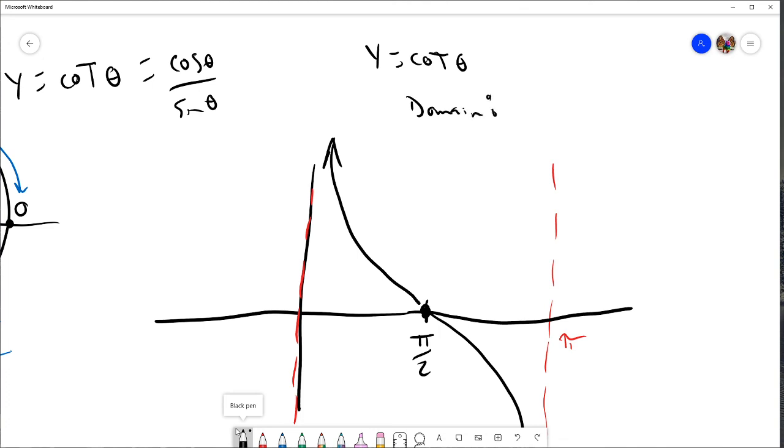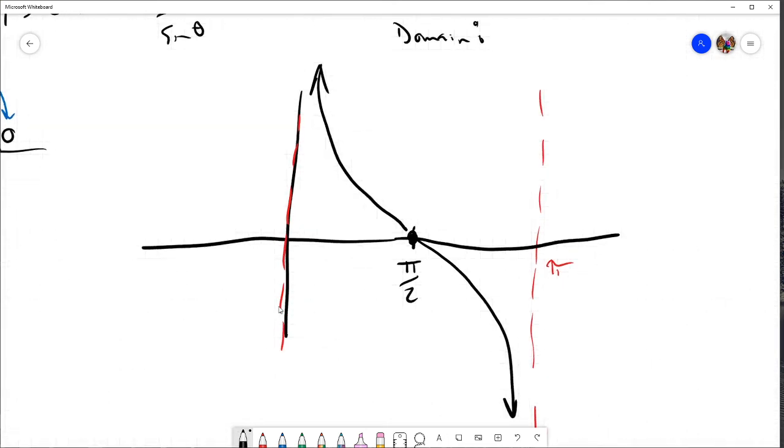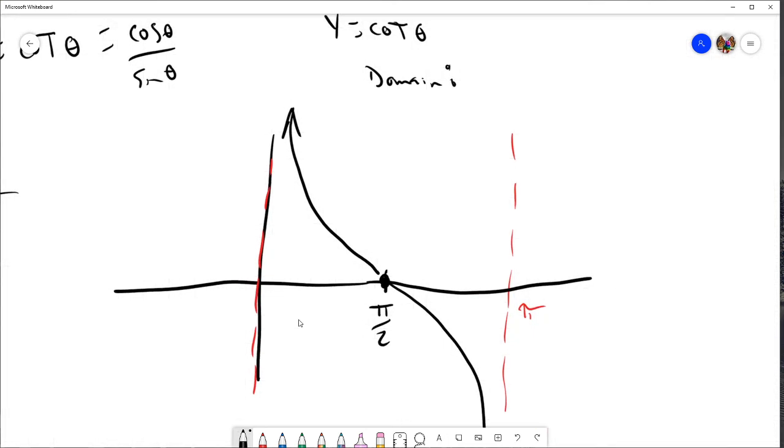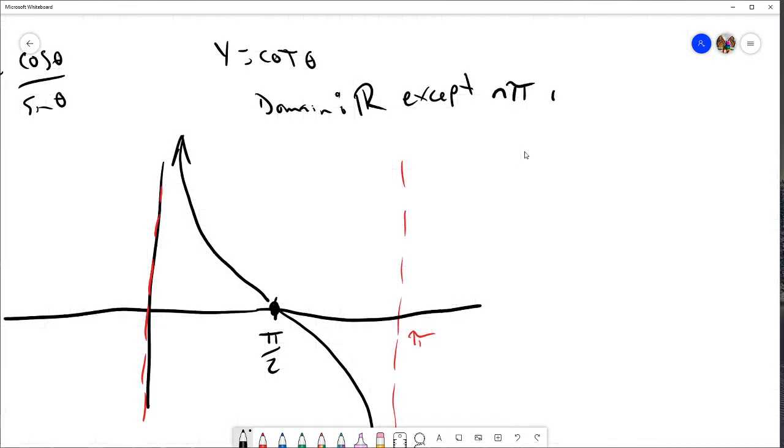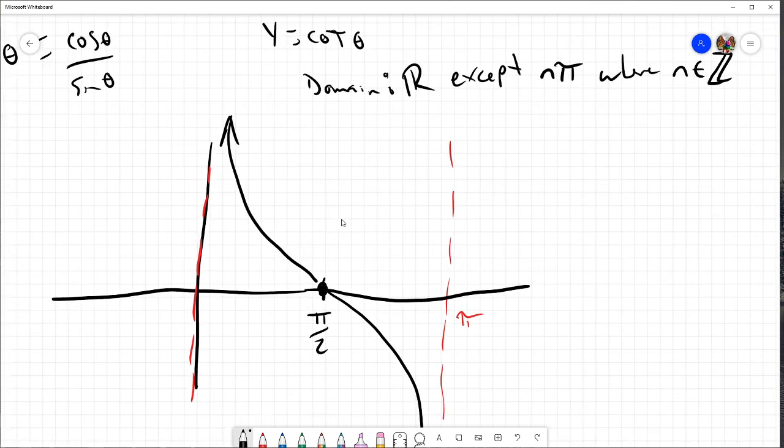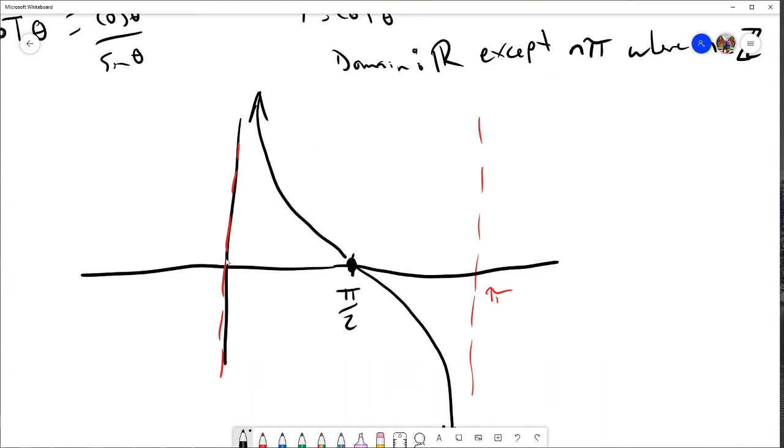And if I start here at 0, then note it's going to be all real numbers except n pi, where n again is an integer, an element of the integers. So when n is 0, that's here. When n is 1, there's pi. When n is 2, that's 2 pi, 3 pi, 4 pi, etc.